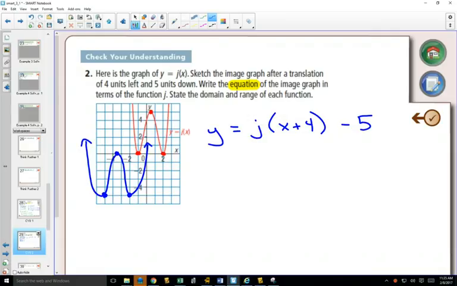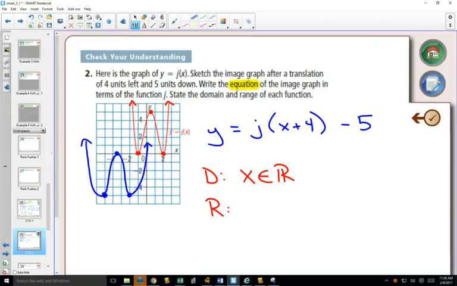The domain and range of each function, so we'll do our original one first. And I'm going to use only one notation this time. I'll switch back and forth so you can get used to seeing both notations. For the domain, with those arrowheads on the end, meaning that it just keeps getting wider and wider, the domain would be everything.